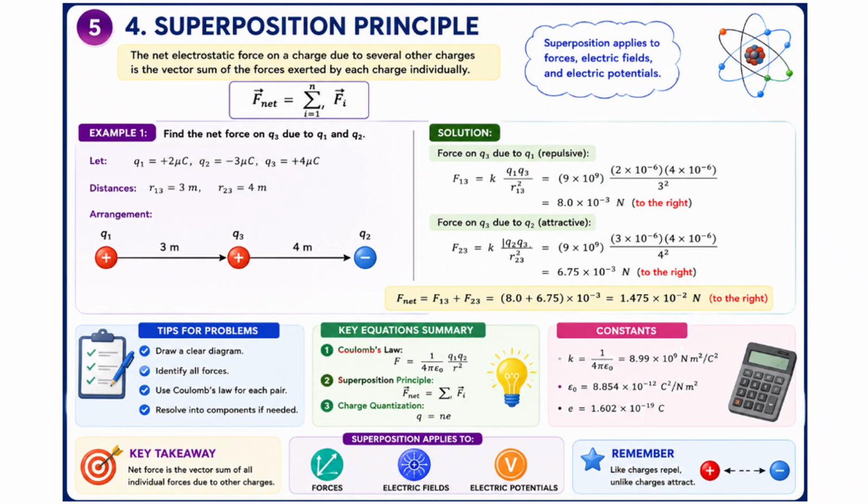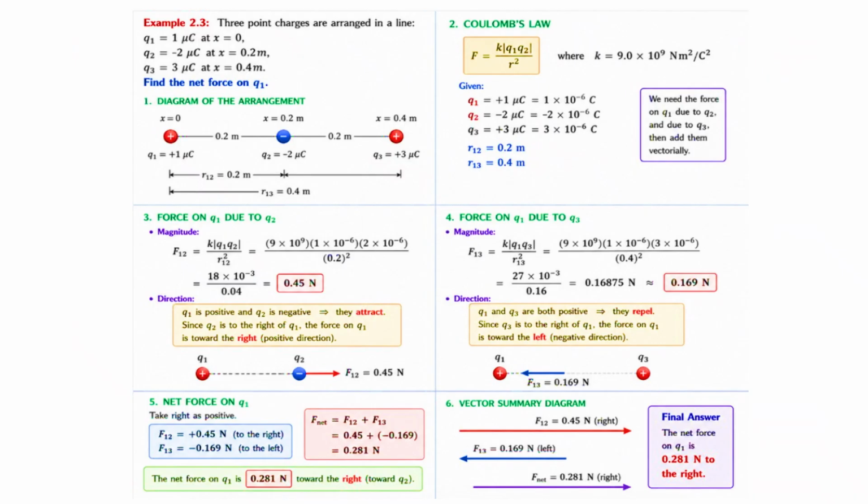Okay, so next let's quickly see the next example. This example is the correct version of 2.3 from the lecture notes we shared last time, the PDF file. So the F-net, as we mentioned now, is the total sum of the individual forces.